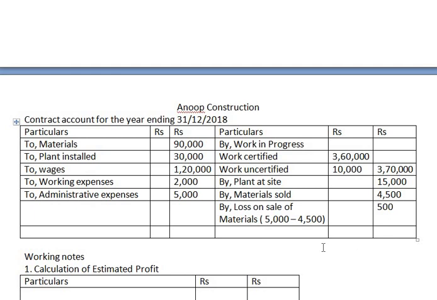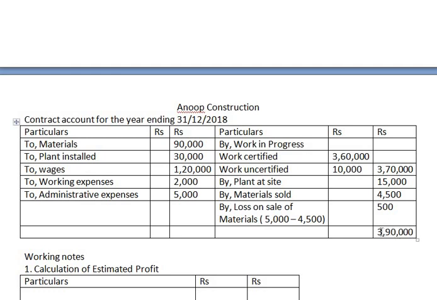Now again go through the problem to see if anything is left out. If not, then make a total of the credit side, and the total is 3,90,000.